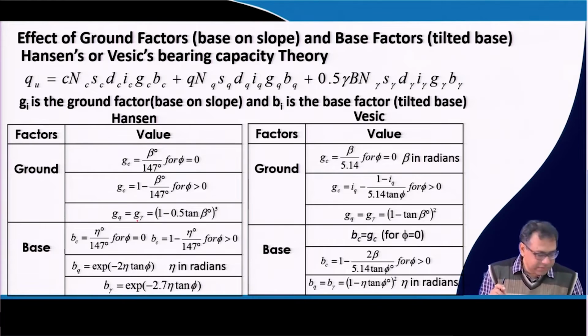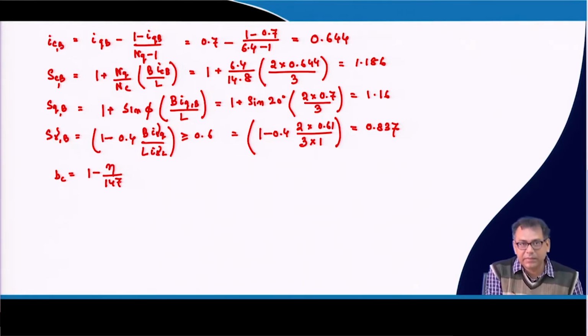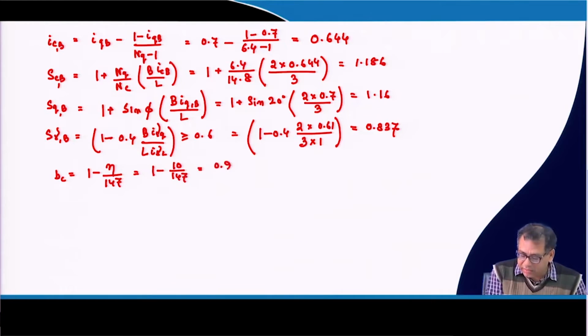Now I will calculate BC, where BC is 1 minus eta by 147, and remember that here eta is in degrees. So, 1 minus 10 by 147 is 0.932.